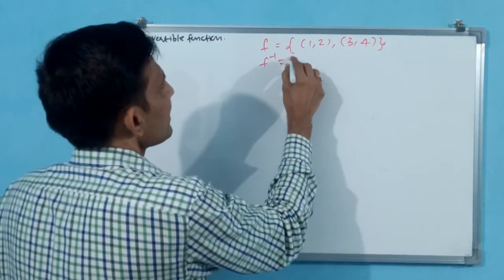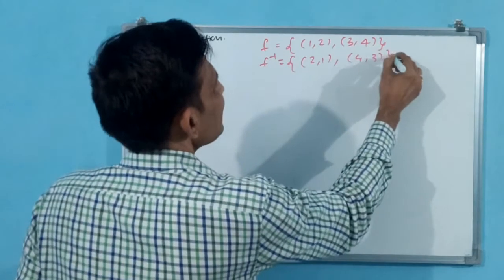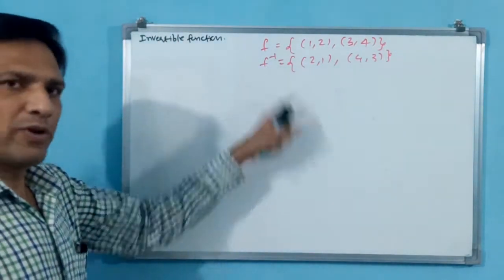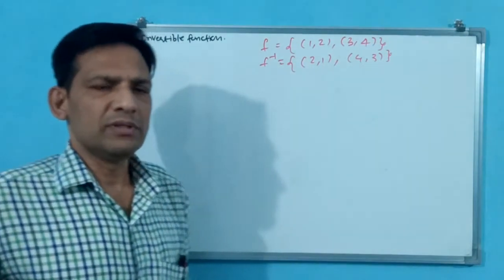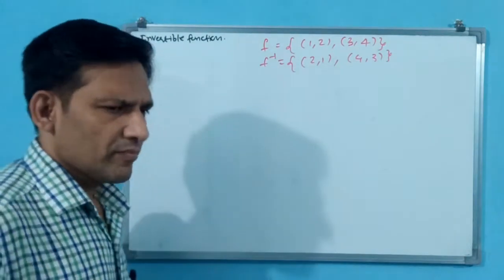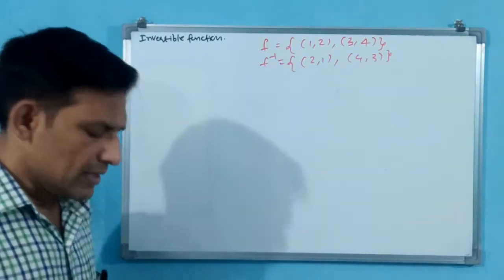F inverse we were writing 2 1 4 3. Okay, this is the inverse function. This is very simple, rather we can say roster form type. But if it comes as an equation, let us see how to do it.